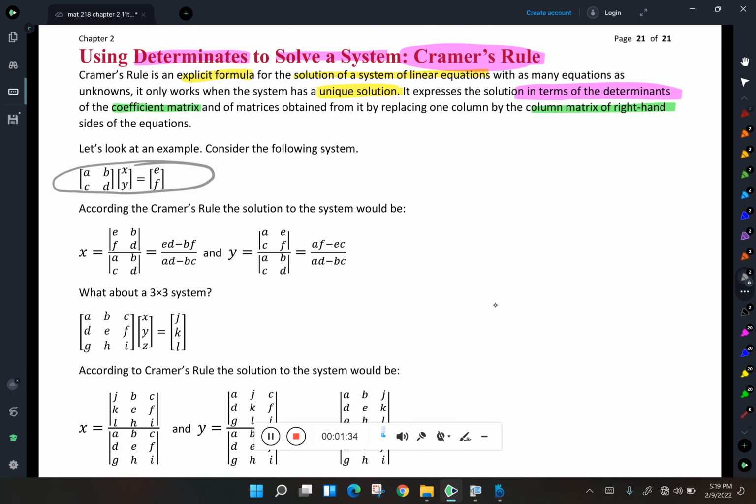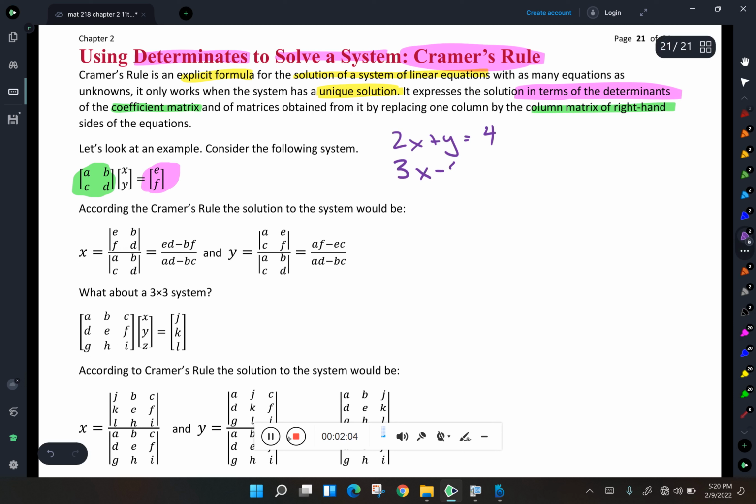So you have a matrix A, B, C, D on the left, and these are the coefficients of your variables x and y for your equations. And then we have the matrix E, F, that column matrix on the right, which are the constants that the system is set equal to. So this would be something like the system 2x plus y equals 4, and how about 3x minus 4y equals negative 5.